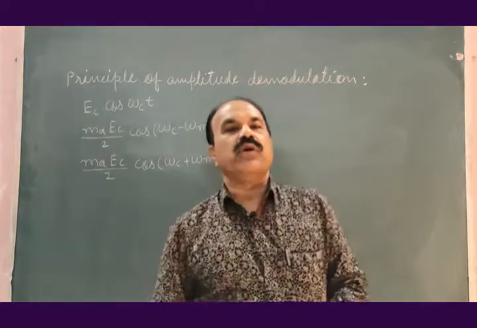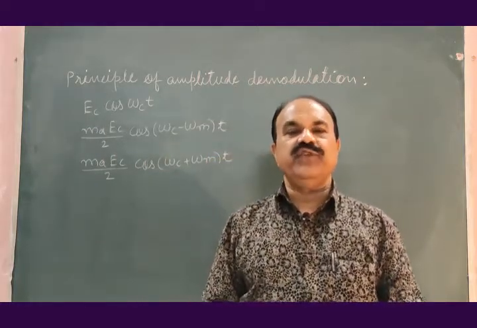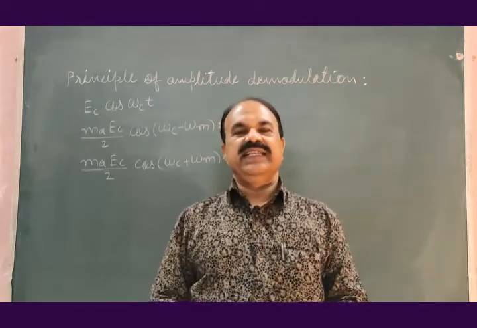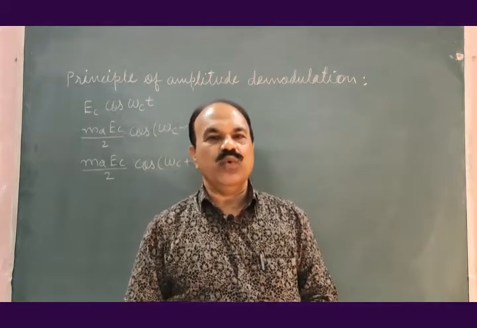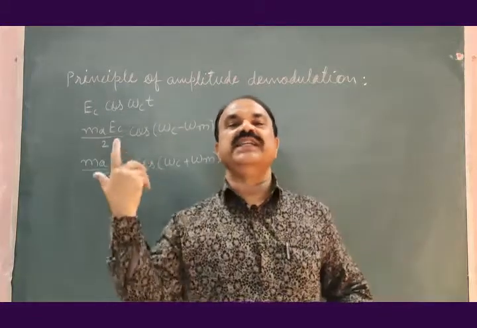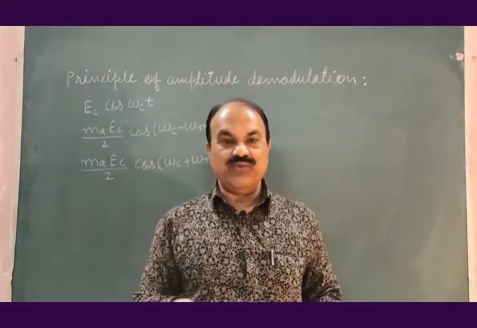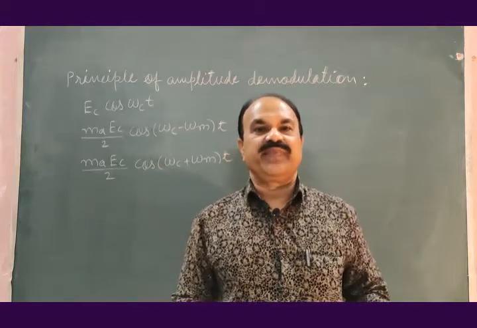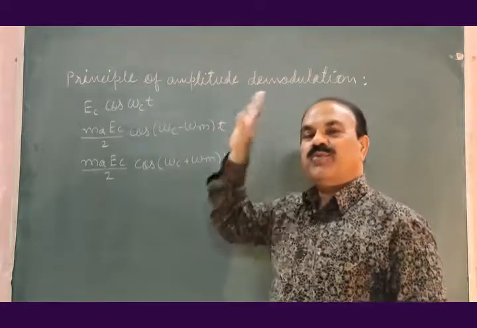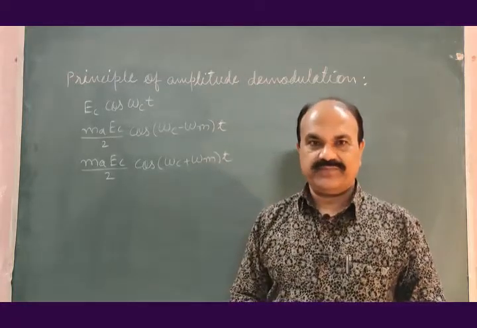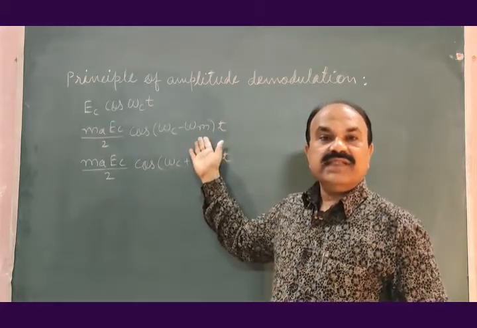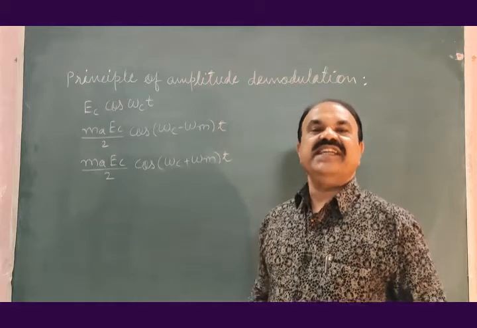So at the output of the square law device, if you connect a capacitor, the capacitor will allow the high frequency to pass to the ground immediately, and only the low frequency will be allowed to pass to the output. And that is nothing but omega m, the information we are interested in.